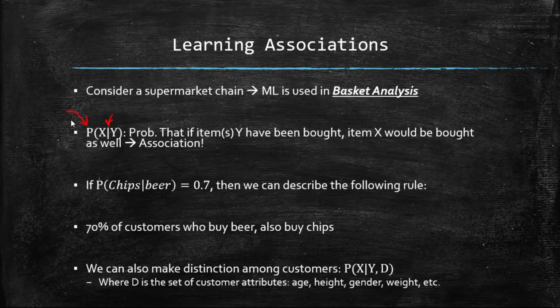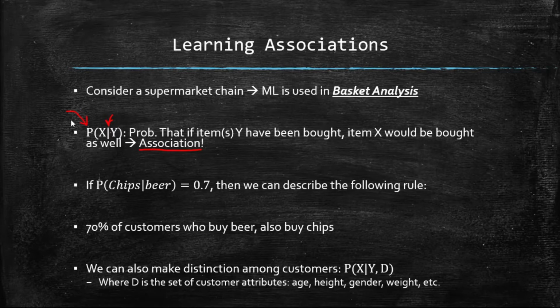And that is the probability that if item Y was bought by a customer, what is the probability that item X would also be bought, right? So if you can compute that probability, then it would tell you about the association between item Y and item X, and that is the whole goal here, right?